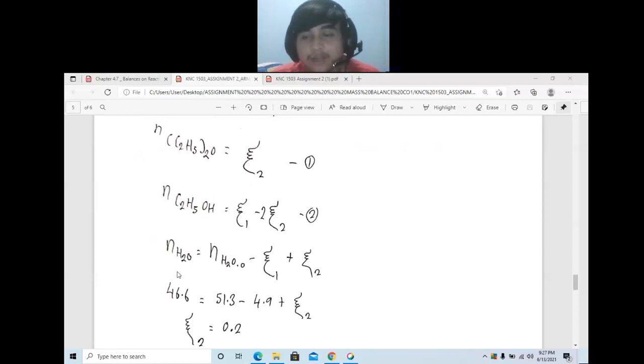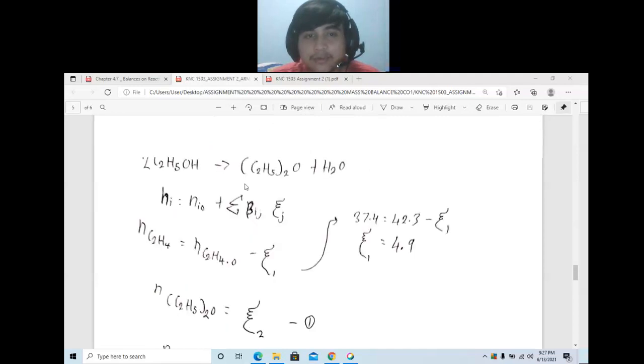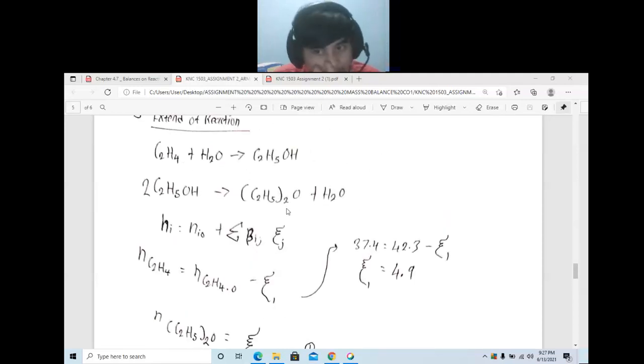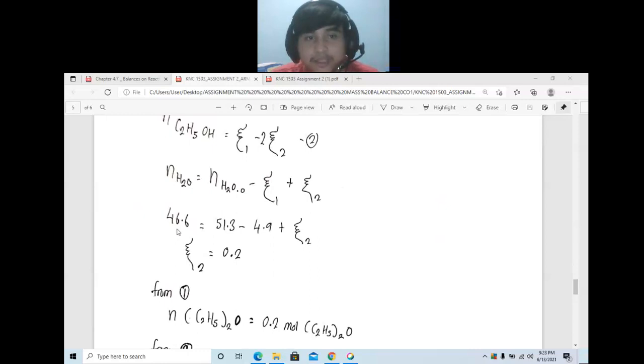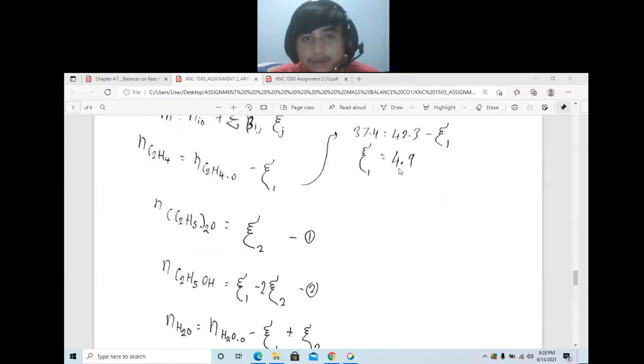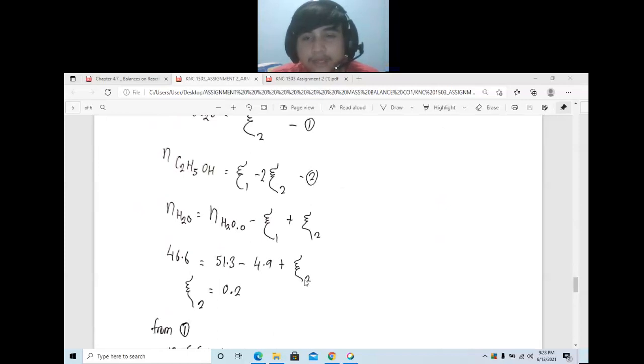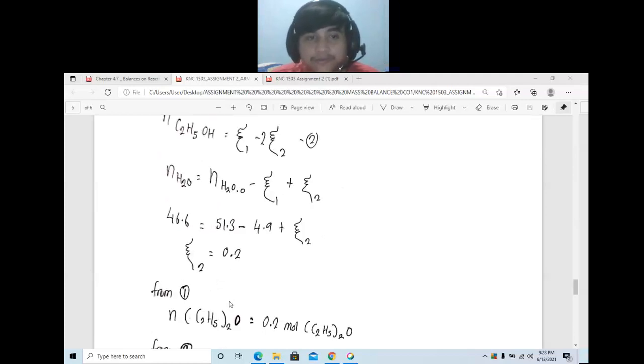We have the number of moles of reactant and the number of moles of product. So NH2O equals NH2O,0 minus extent 1 plus extent 2, based on this chemical equation. Then we just sub in the number of moles. Here is the reactant, here is the product. So you minus the extent 1 that we already found, 4.9, and then you plus the extent 2. Minus, plus, and then you get the answer for extent 2, 0.2.